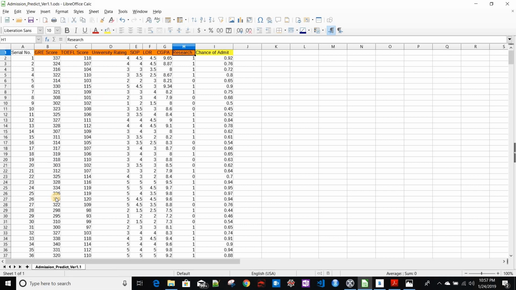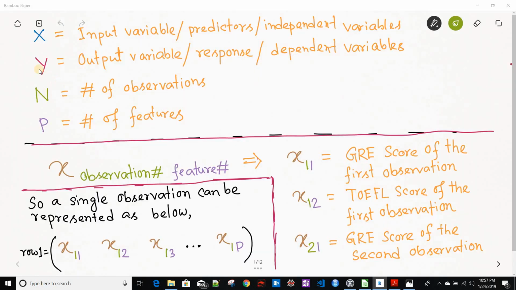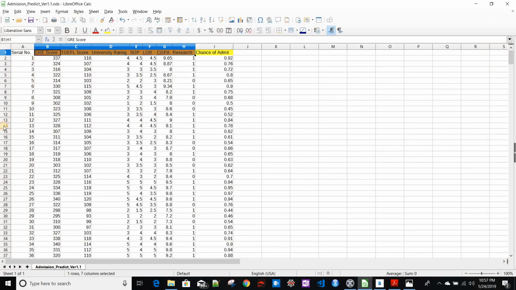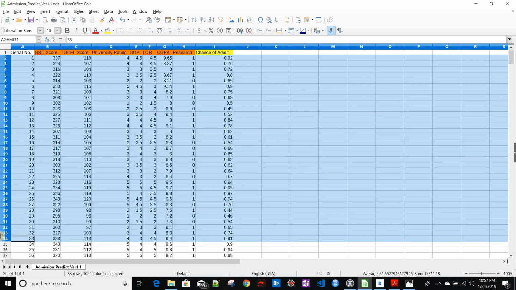Generally in linear regression, as we also discussed in our previous video, we have both the dependent variable and the independent variables together as a training set, so that the learning algorithm can learn from it. So the capital N tells us how much of the data we are using for training.